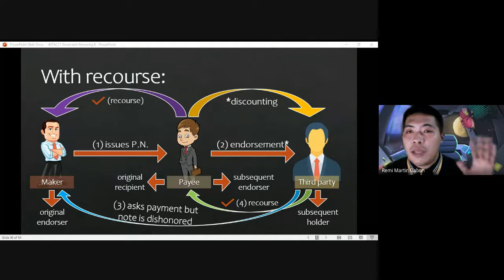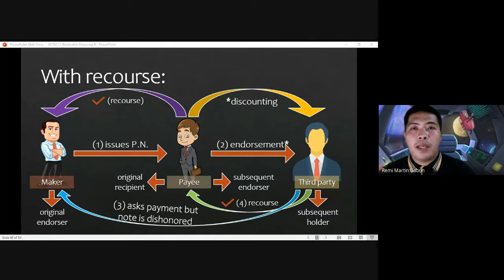Kung baga, yung iisipin ni payee, sasabihin ni payee, naku, hindi na ako yung may hawak ng promissory note. In-endorse ko na yung promissory note. Baka, upon maturing of the promissory note, baka humingi ng payment si third party kay maker.